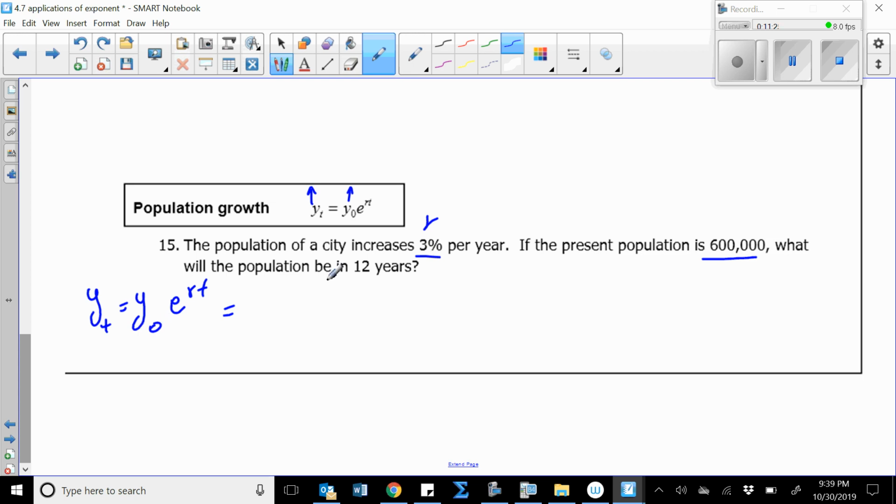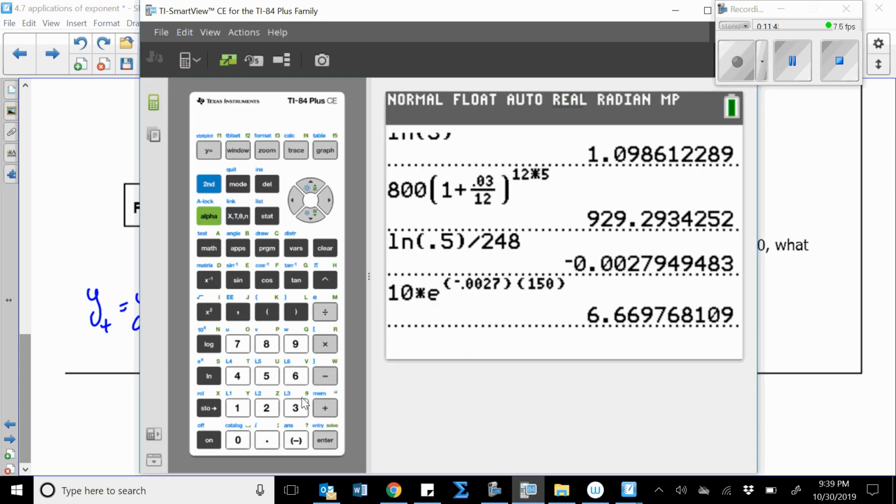Y0 is my initial population, which is 600,000. Then e to the power of r, where r is 3%, so I can write it as 0.03. And time is 12, so multiply this by 12. Now I'm going to use my calculator to find this value.